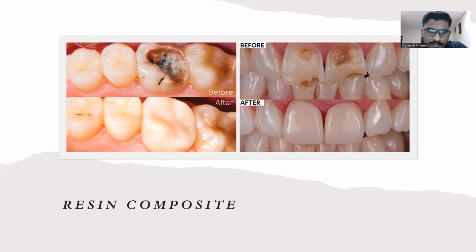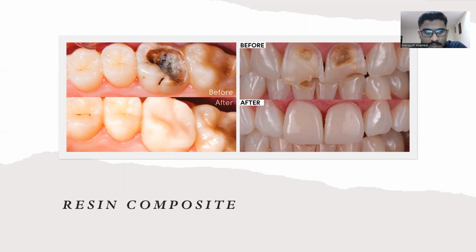Resin composite was introduced in the late 1950s, and it has undergone several drastic changes throughout this time period, and it has been perfected throughout the history. It is the most popular material now, and it is also aesthetic.